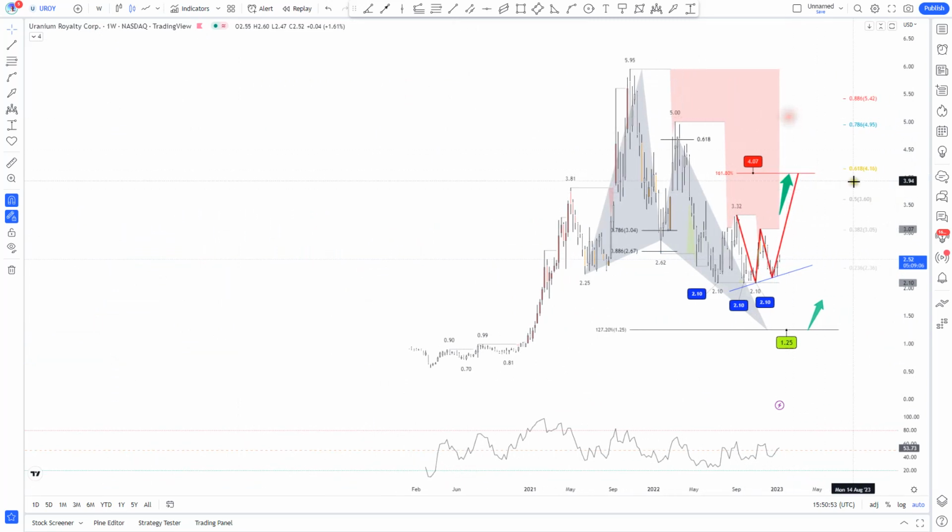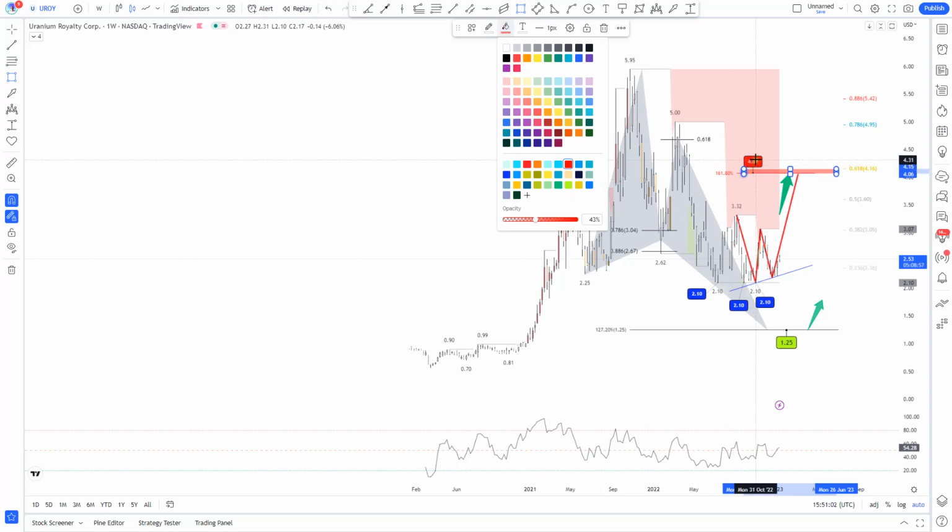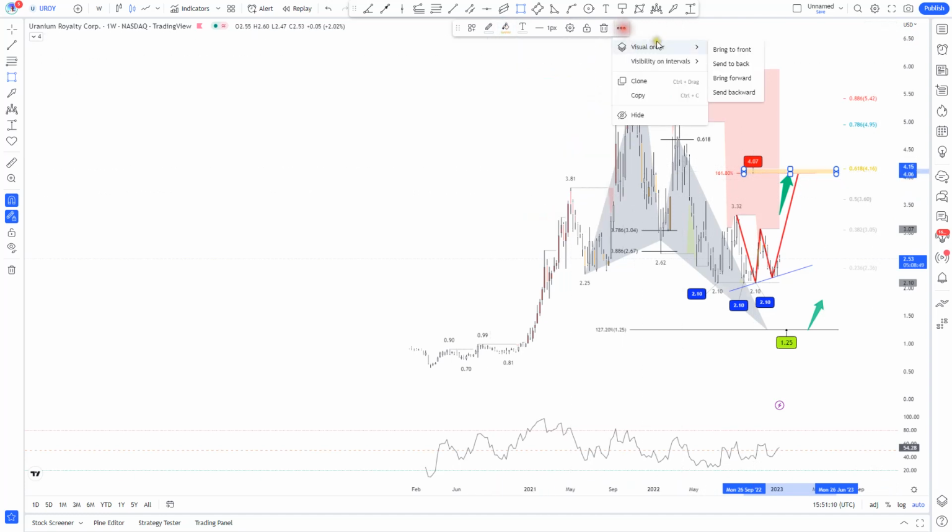I will pay attention to this convergence between the golden Fibonacci extension and the golden Fibonacci retracement levels projected between 407 and 416. So this is my next pressure level for the stock.